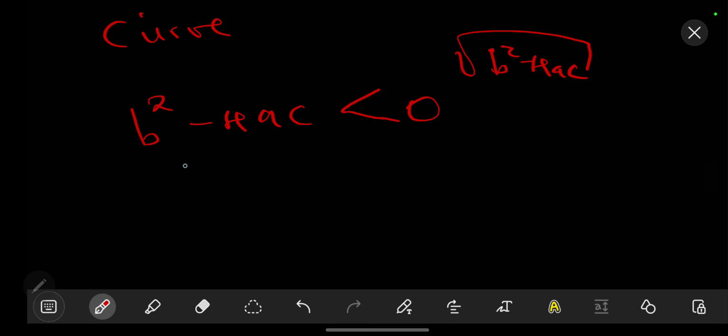So no real roots simply applies to this discriminant.